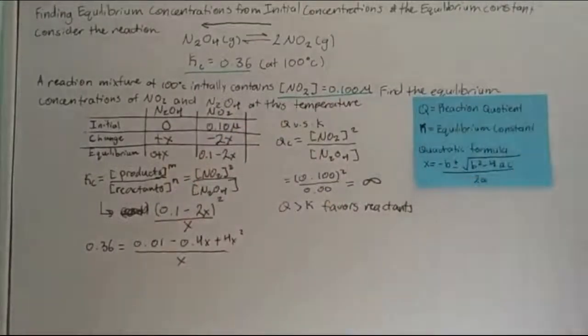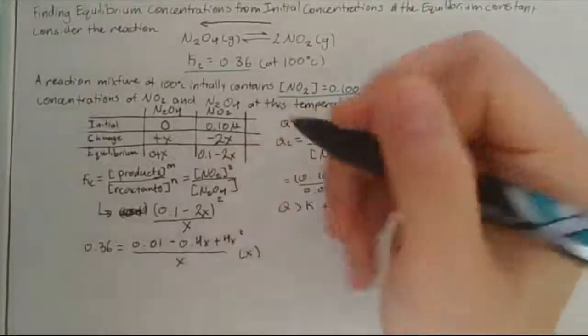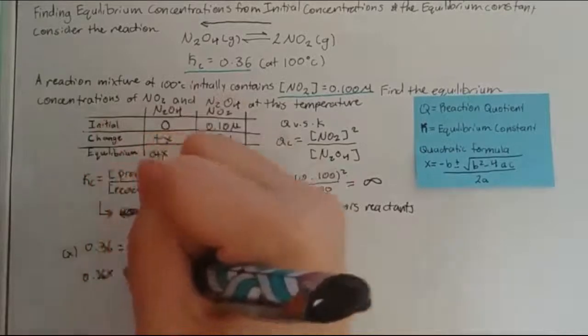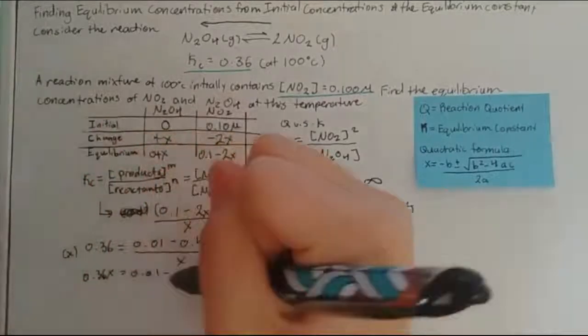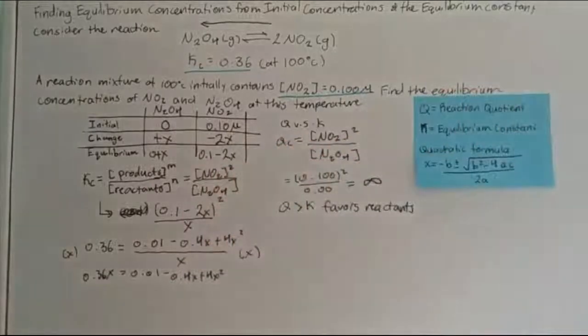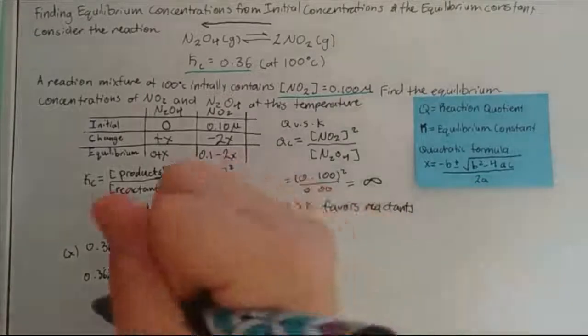All right, so let's simplify this. Let's multiply both sides by x to get rid of the denominator to get 0.36x equals 0.01 minus 0.4x plus 4x squared. Then let's subtract 0.36x from both sides, so all our values are on one side of the equation.